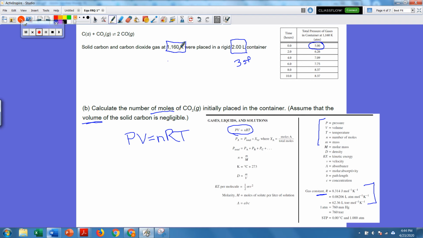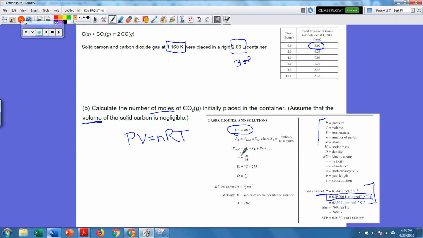So we have temperature in Kelvin, volume in liters, pressure in atmospheres. If we look in these 3 versions of R, we see that one of them has liters atmospheres per mole Kelvin. Okay, and that is the one that we are going to use in this problem.